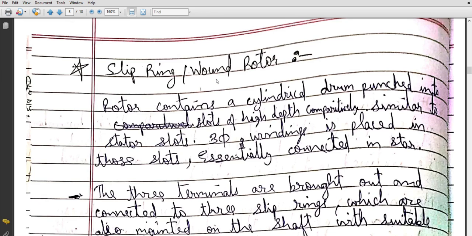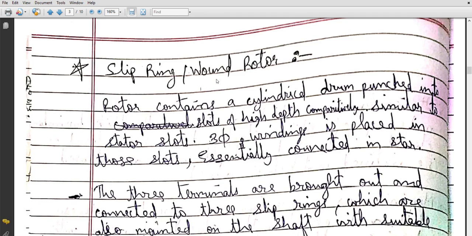Now suppose, by some means, I change the number of stator poles from four to two. I'm changing the stator winding to two poles, and the rotor winding is kept intact. So now my stator poles are 2 and my rotor poles are 4.